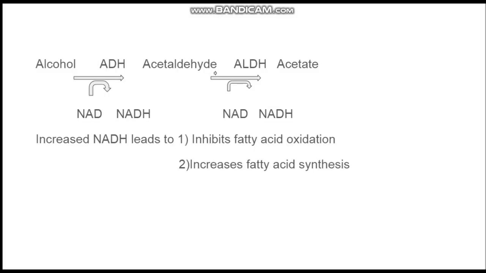Alcohol is converted by alcohol dehydrogenase to acetaldehyde, and by acetaldehyde dehydrogenase to acetate. So NADH production is increased. This NADH inhibits fatty acid oxidation and causes increased fatty acid synthesis.